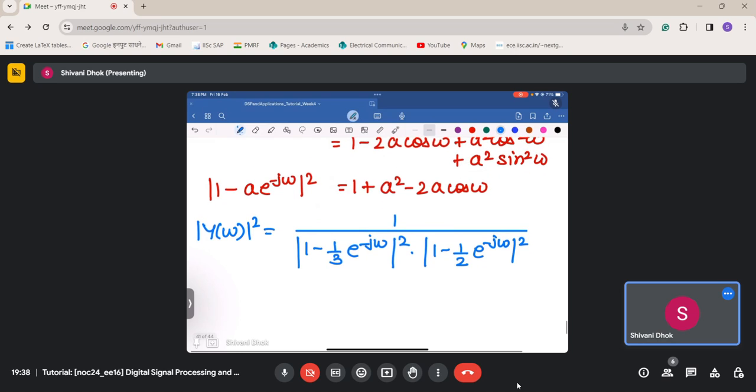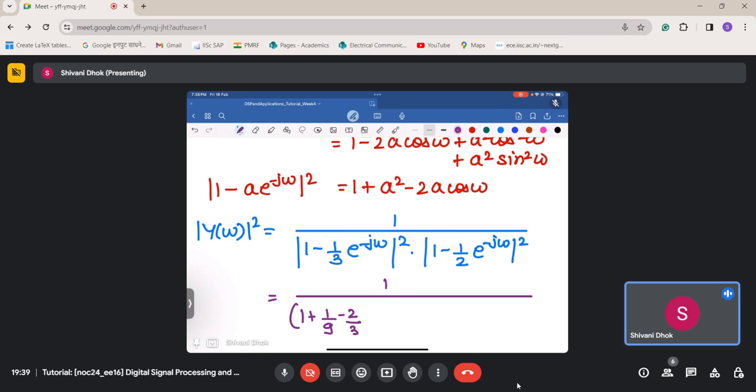Right. So now for this particular thing, the value of a is 1 by 3. So we have 1 upon, sorry, for this particular case, 1 plus a square will be 1 by 9, minus 2a cos omega.